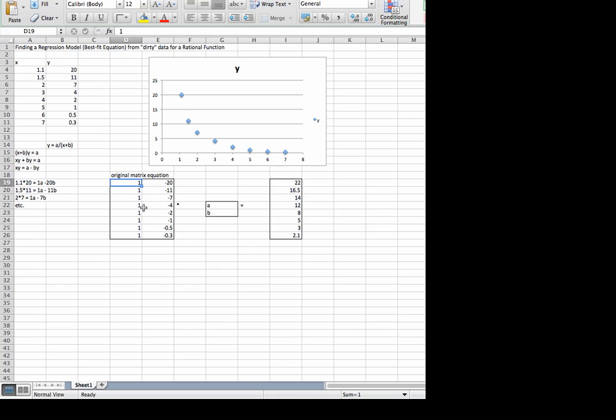Okay, it's not a square matrix. So we're going to have to square that up, and we'll do that by taking the transpose of this. And if it's an 8 by 2, this is going to be a 2 by 8.